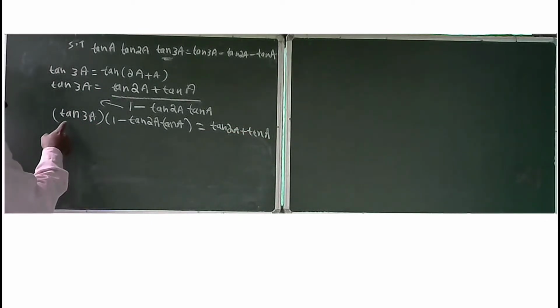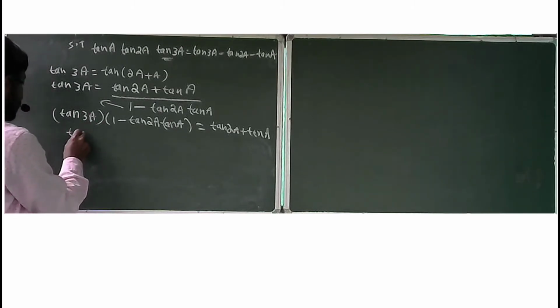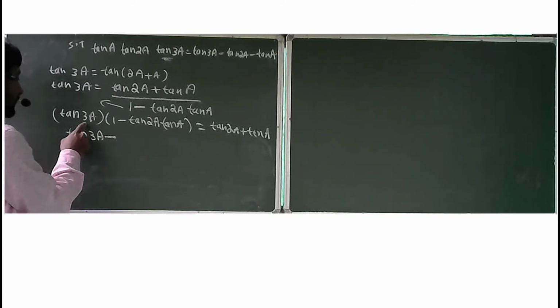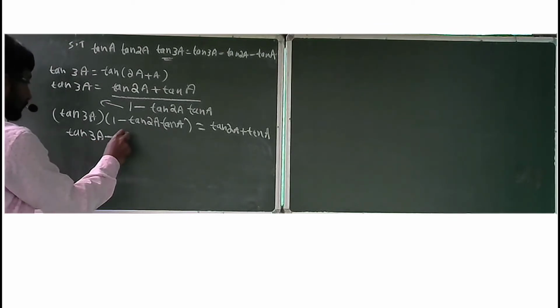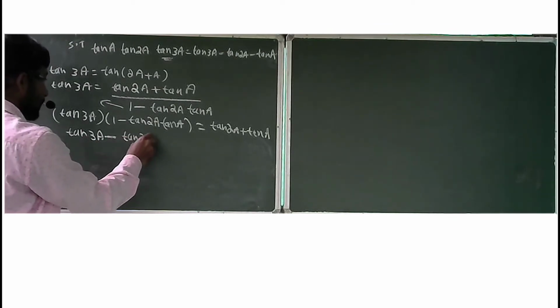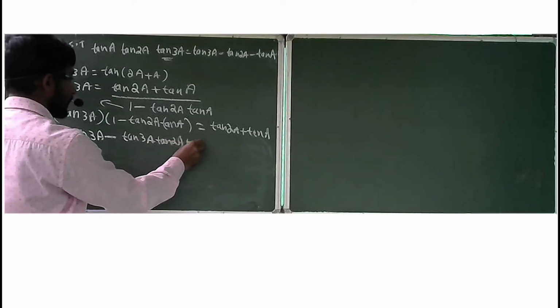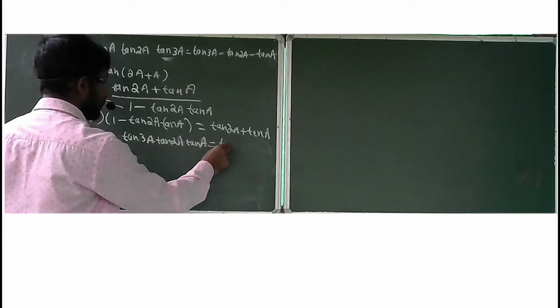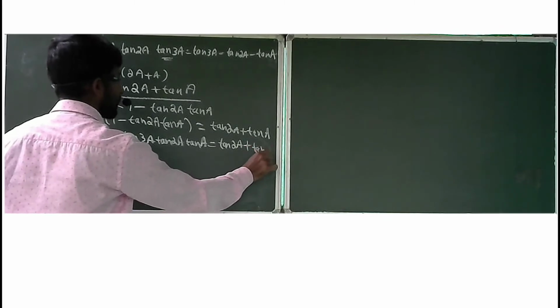In the next step, see, multiply tan 3a into 1, it's equal to tan 3a minus multiplying tan 3a to tan 2a and tan a. What you will get? Product tan 3a into tan 2a into tan a is equal to, RHS term remains same, tan 2a plus tan a.